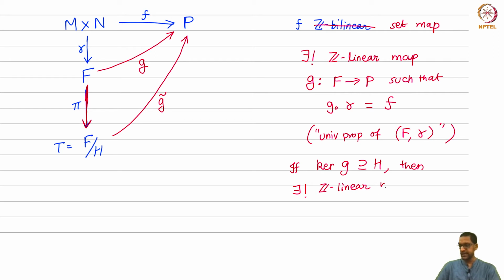There is a Z linear map G tilde from F mod H to P such that this diagram in red commutes, meaning G tilde composed with pi gives me G. This last bit is the universal property of the quotient group.